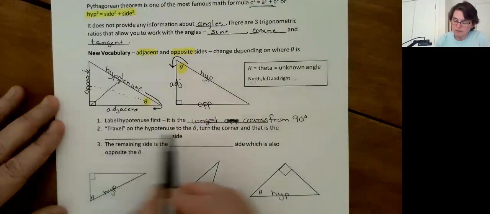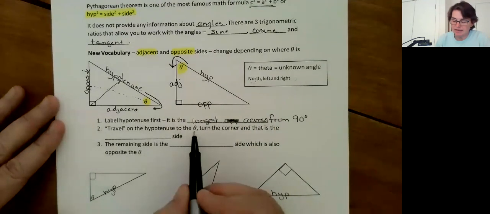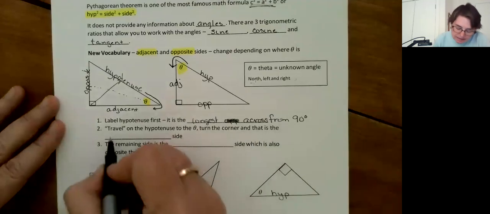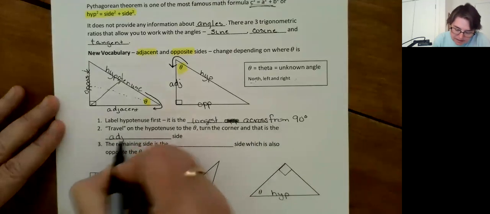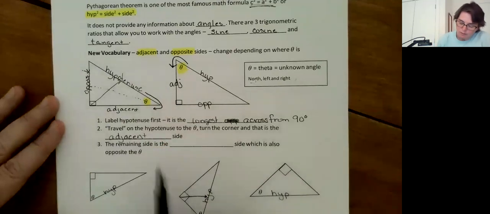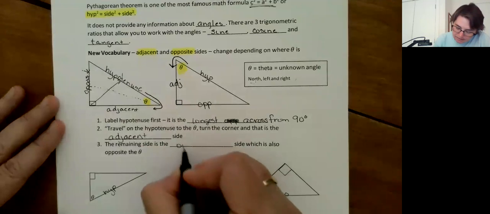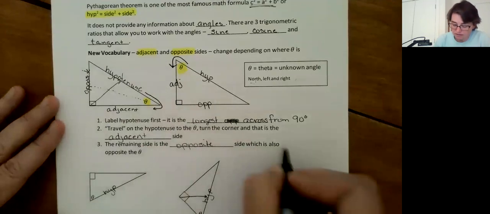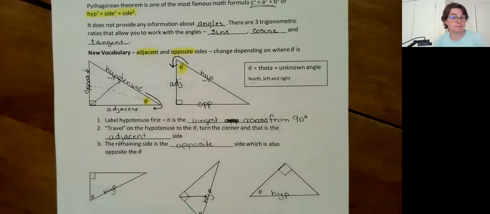And then you travel on the hypotenuse to your angle, to your theta, go around the corner, and that is the adjacent side. And the remaining side is the opposite side, which is also opposite the angle. This shouldn't have been too challenging. You can do this.